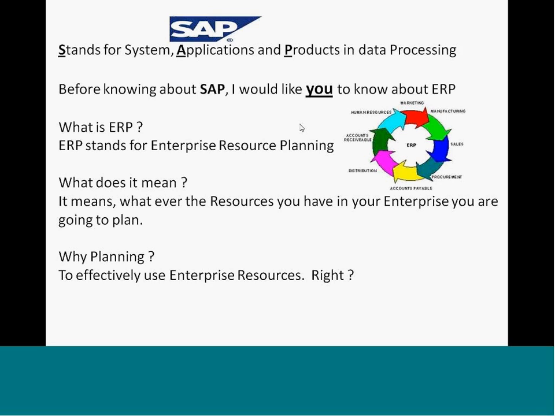The main functionality of ERP is that you integrate the functionalities you have across the organization into one single computer system. That single computer system is called an ERP, Shubhangi.